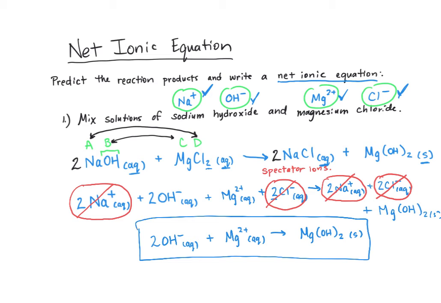These substances constitute the actual chemistry that has happened when we mix sodium hydroxide and magnesium chloride solutions together, and this is what we refer to as a net ionic equation, showing only those substances involved in a chemical change and excluding spectator ions, those things that were just along for the ride.